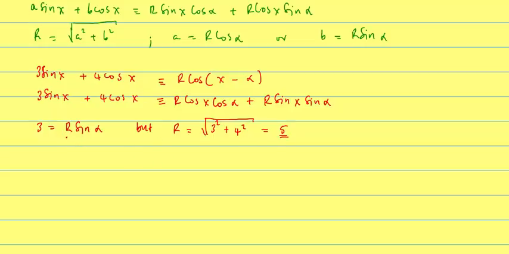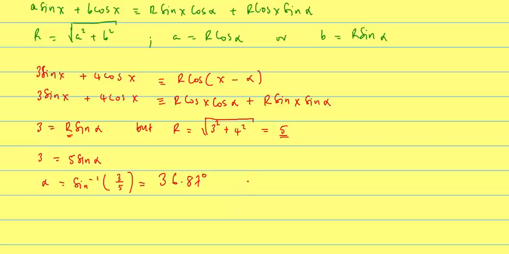Now we know that 5 is equal to r, so 3 is going to be equal to 5 sine alpha, and if we isolate the term in sine alpha, we will get alpha being equal to the inverse sine of 3 over 5, which is 36.87 degrees, corrected to 2 decimal places.